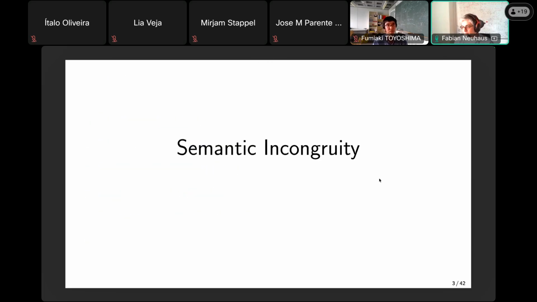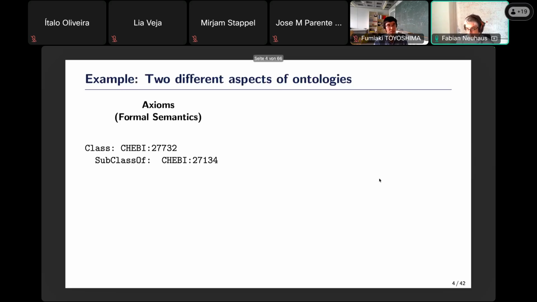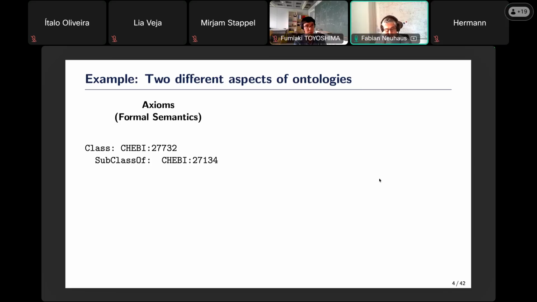Now, let me start by introducing the notion of semantic incongruity. As you all probably are aware, ontologies have two different aspects. The first one is that ontologies consist of axioms, and these axioms provide us a formal semantics. These are the things logicians are usually interested in.